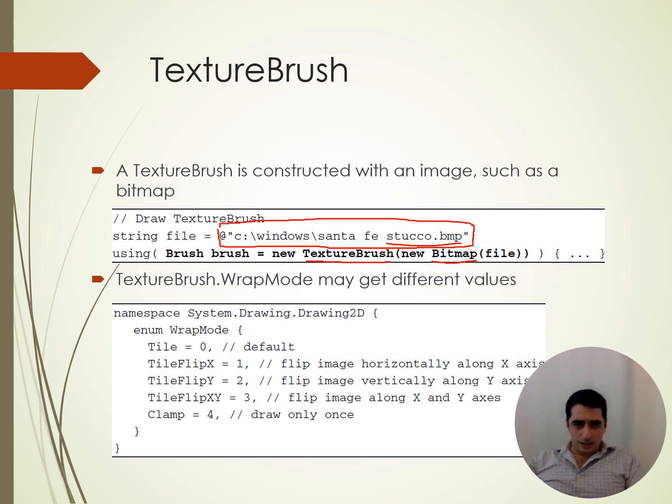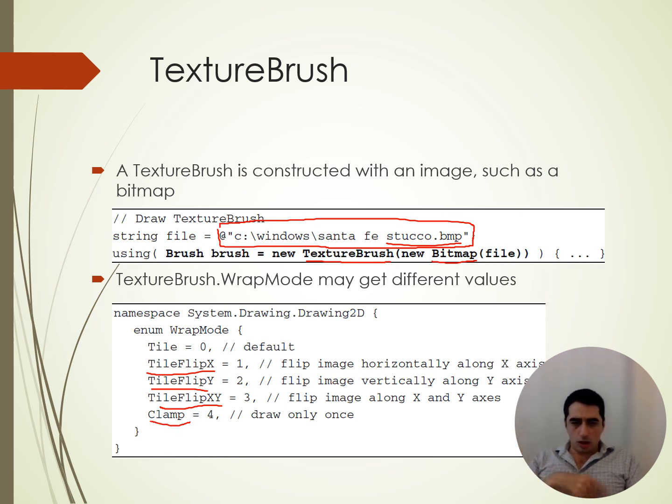When you're filling the interior of a closed shape with a texture brush, you can select different wrap modes for the texture brush. You can either set it to the default mode that's not going to do anything special, or you can use TileFlipX, TileFlipY, TileFlipXY, or you can simply use Clamp.